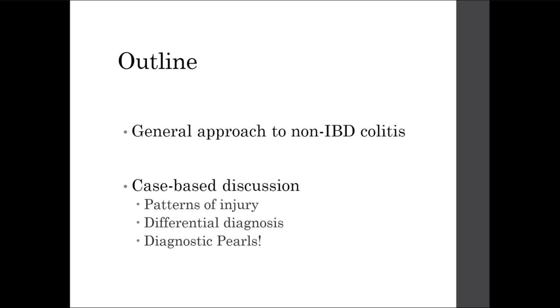We're going to focus on what are the key histologic features that define each pattern. What is the differential diagnosis that goes along with that pattern? And I want to share with you some diagnostic pearls, things that I learned over the years and things that are also written in some books that we should be looking for specifically when we see a pattern of injury to hopefully diagnose the underlying etiology for that pattern.